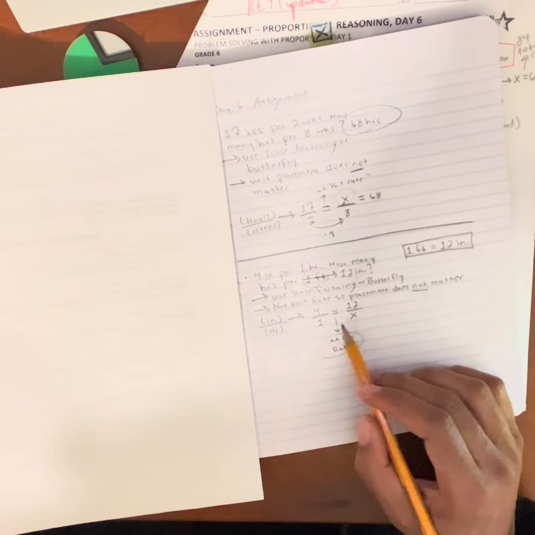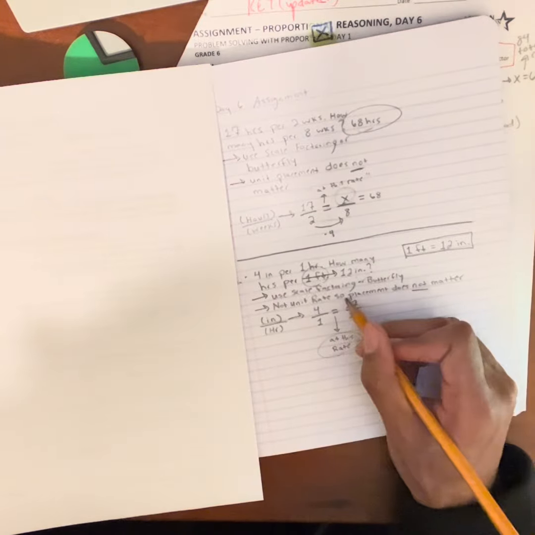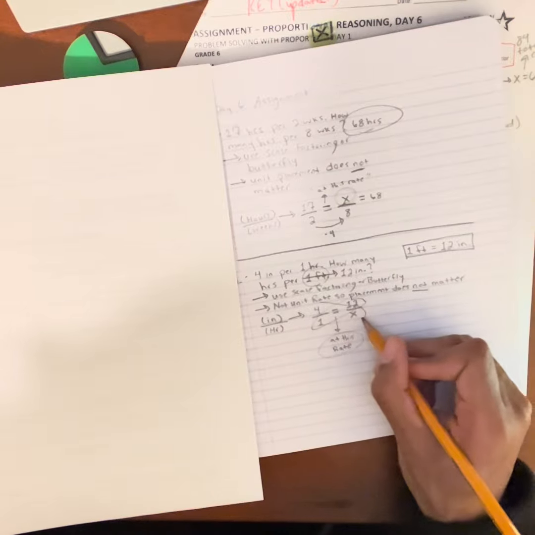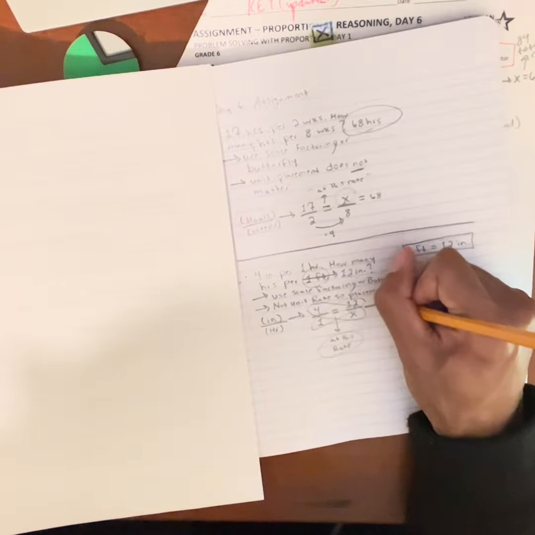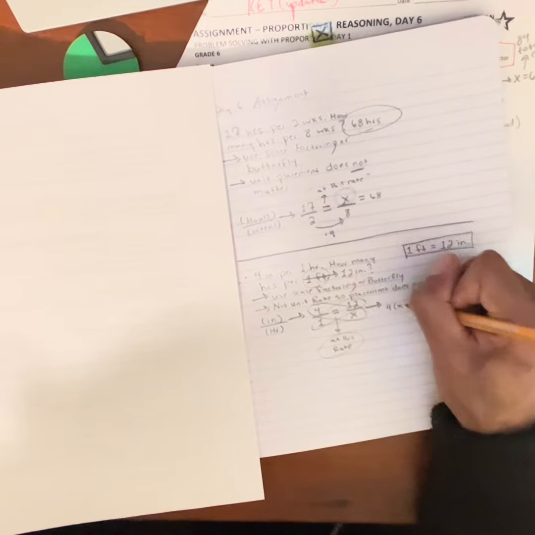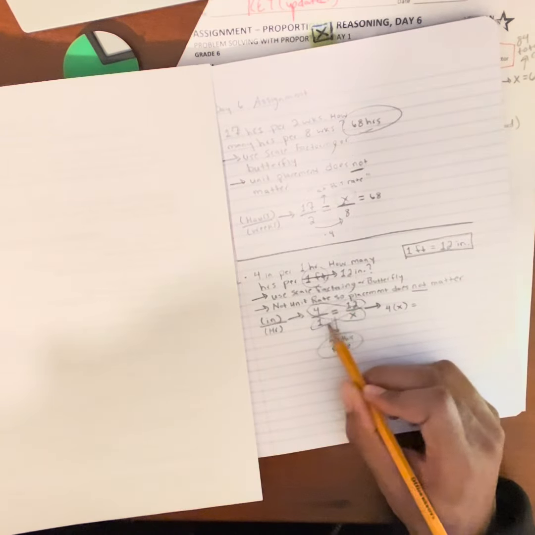Okay, so this is really easy to solve using scale factoring, but just for practice, I'm going to use the butterfly method, which is when you take the diagonals and multiply them. Multiply everything diagonally. So that turns into what? 4 times x equals, what is 12 times 1? 12.